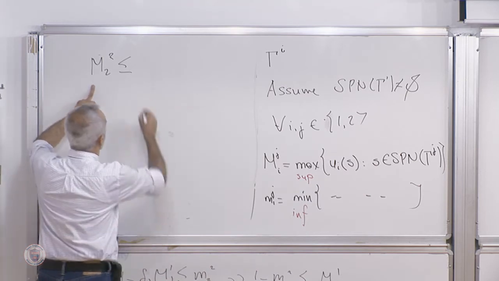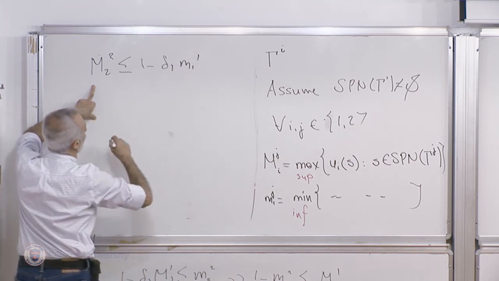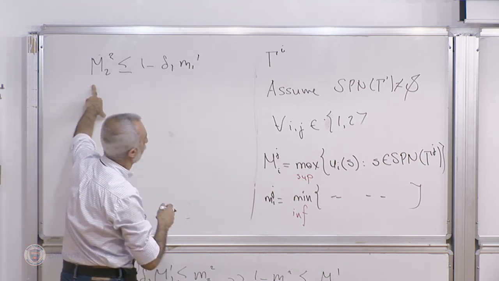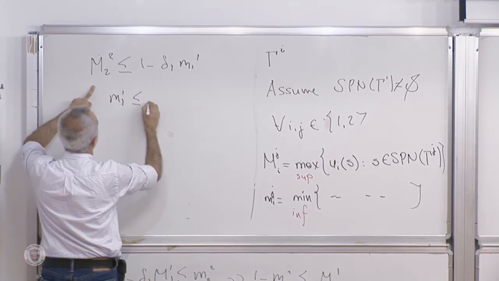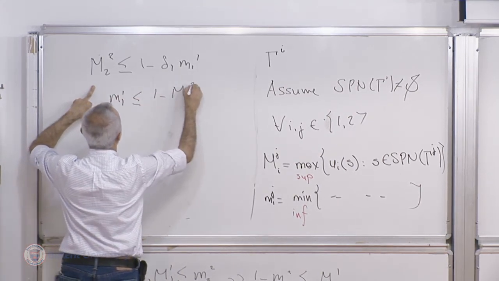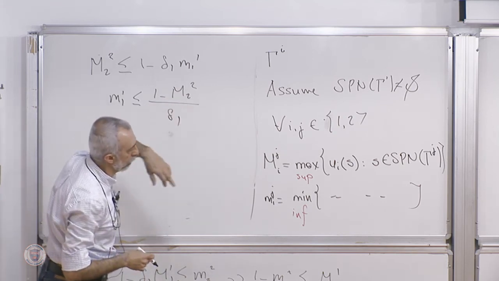M22 is less than or equal to 1 minus delta 1 M11. So it implies that M11 is less than or equal to 1 minus M22 divided by delta 1. Again, I can do the division, no problem.